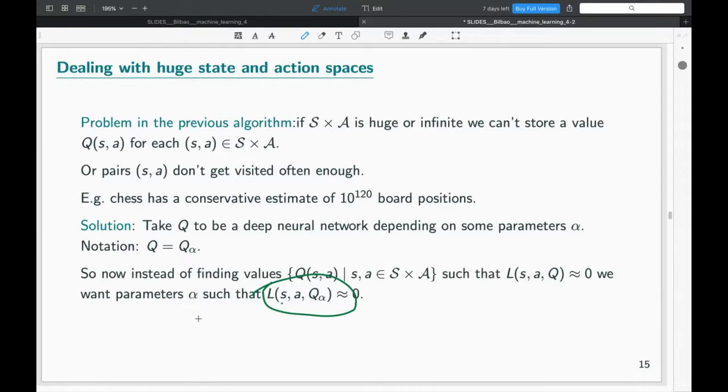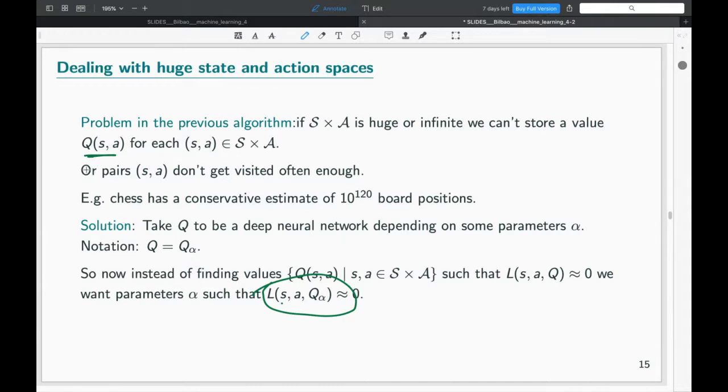So this might reduce the number of values to compute dramatically. I think AlphaZero uses neural networks. AlphaZero is based on a different algorithm, but it also uses neural networks, and it uses this kind of strategy to reduce the number of values you have to compute.